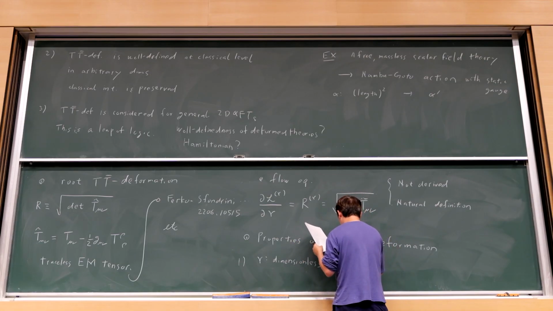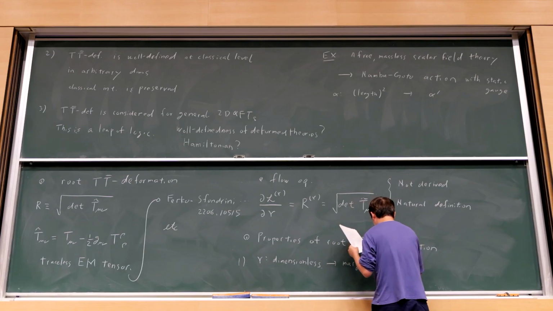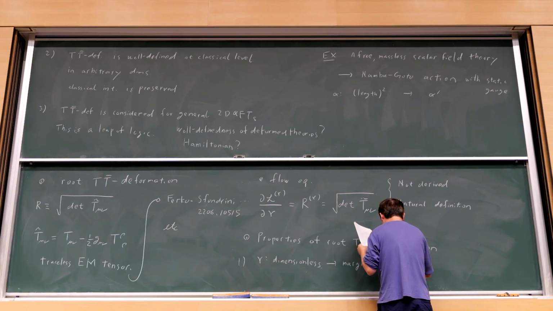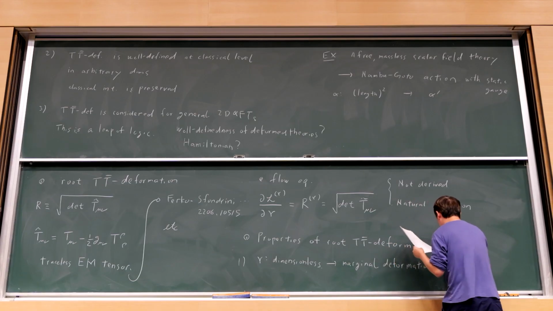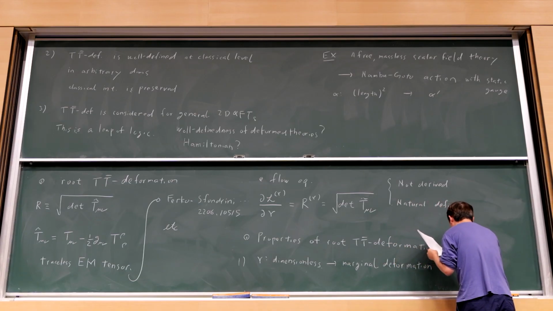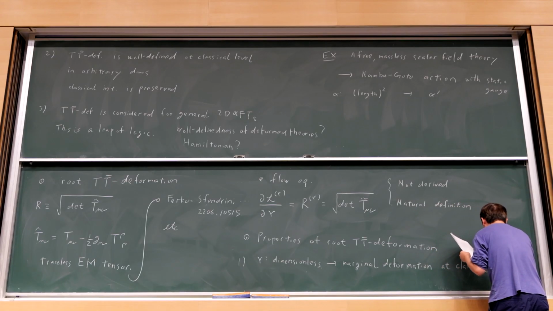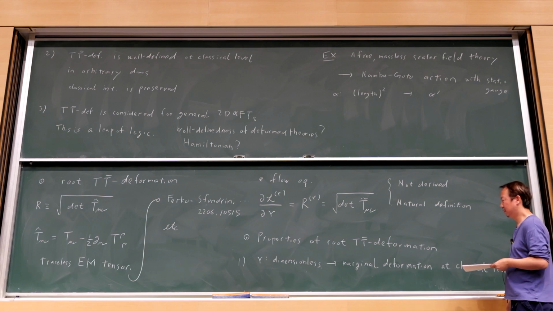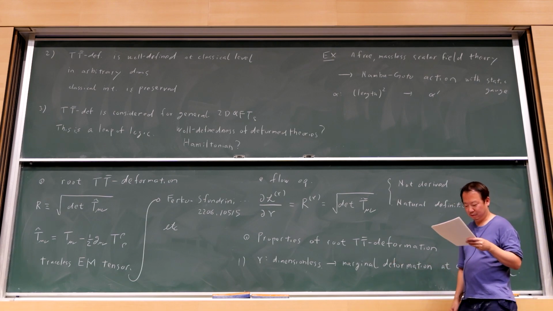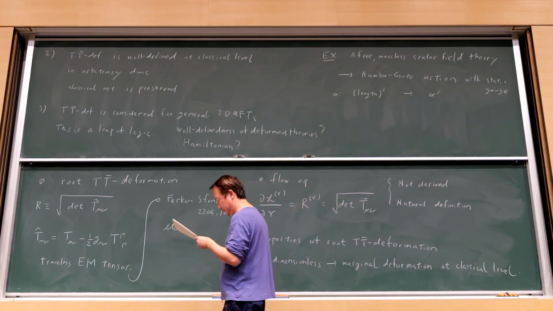So this root TT bar deformation is a marginal deformation at the classical level. Of course, at the quantum level, this marginality is broken, and this is just a statement at the classical level.